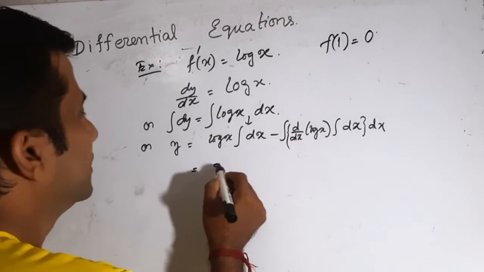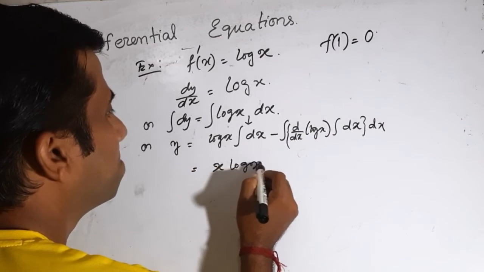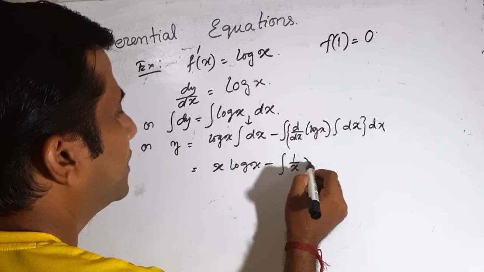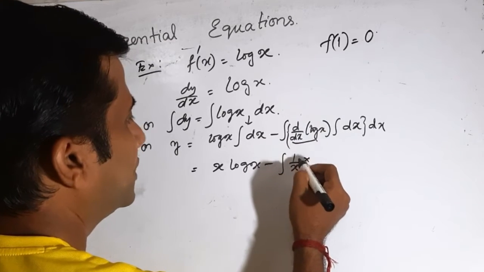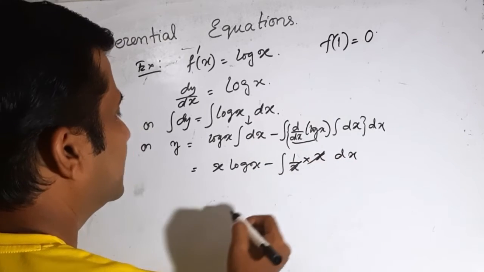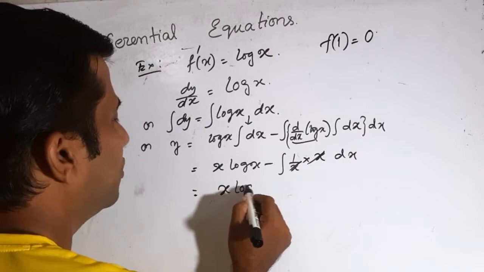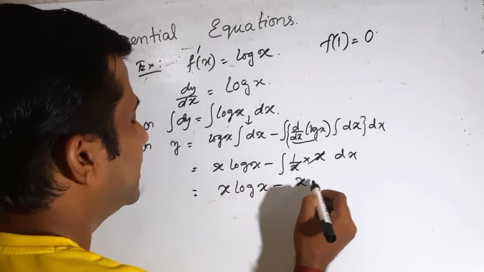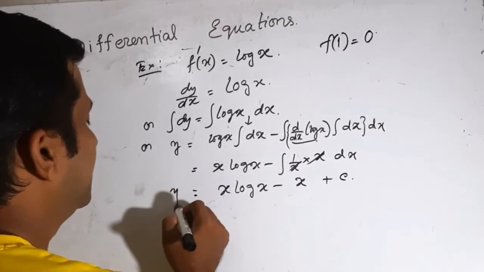So we get x log x minus the integral of 1/x into x dx. Differentiating, d/dx of log x is equal to 1/x. Cancelling, we get x log x minus x plus c.